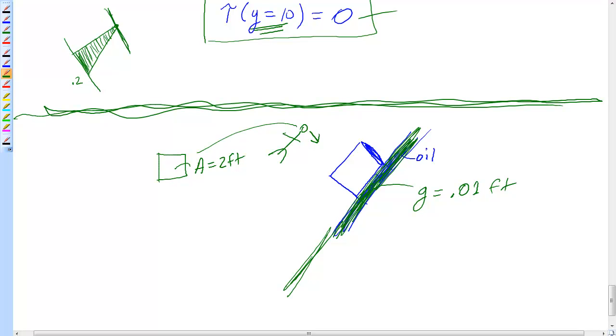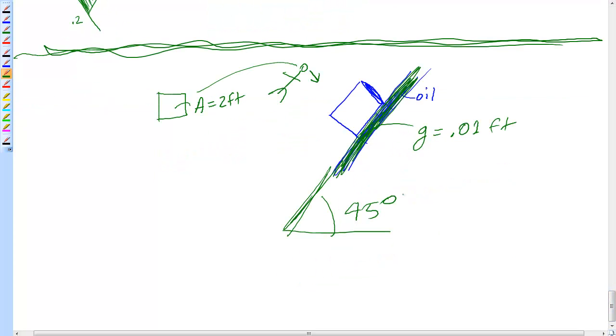Then say this angle was at 45 degrees. I like 45 because there's 1 over square root of 2's involved. If you did a free body diagram of this and pulled this over to the side here, you would see something that looked like this. Let's say this thing weighed 10 pounds.